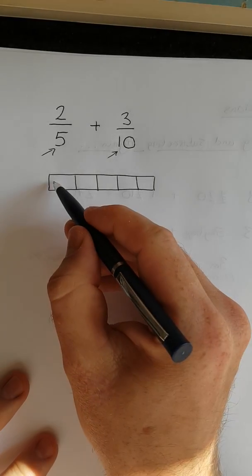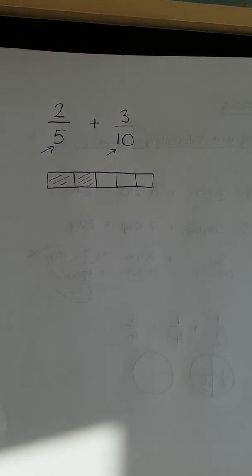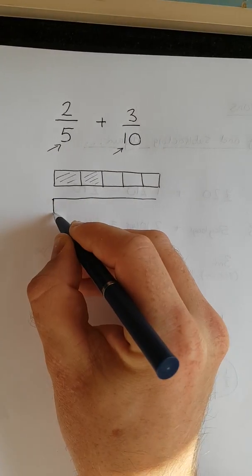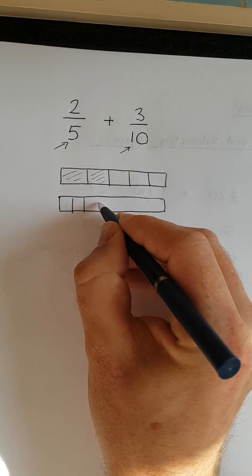So we start with 2/5. There they are. I want to add 3/10 to this. Well, in order to add tenths to this, I would need a whole one that's chopped into 10 pieces. Let's draw that underneath.